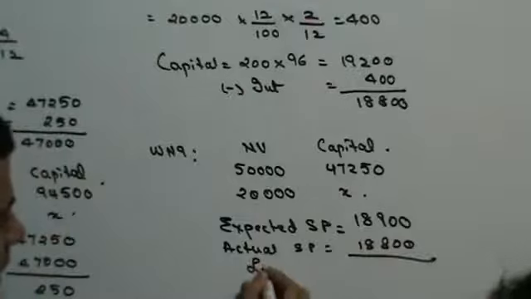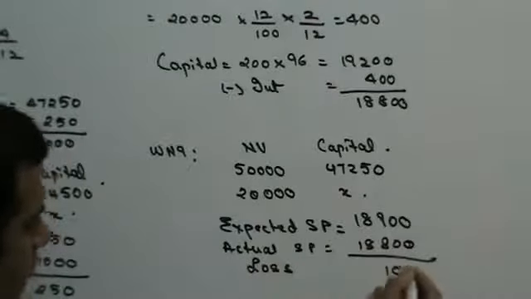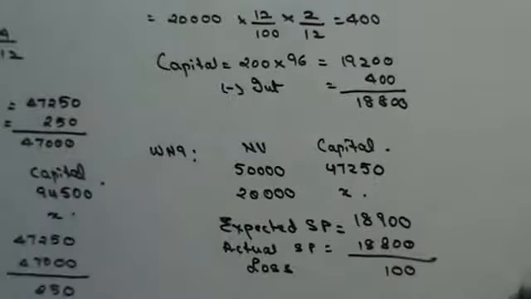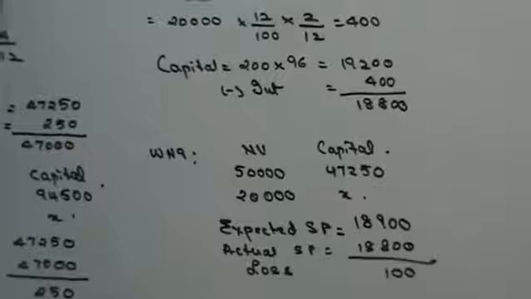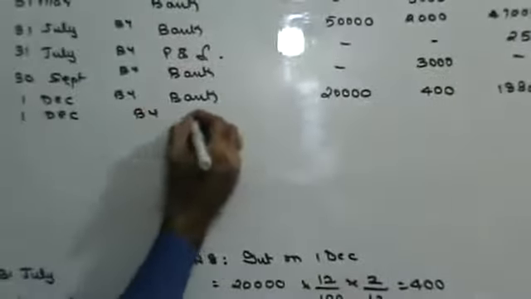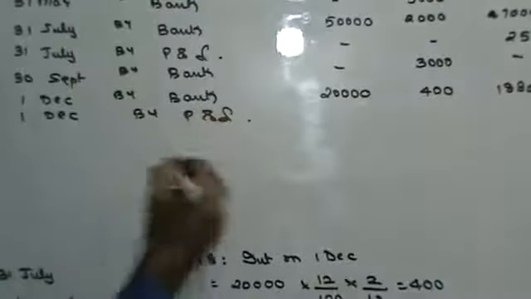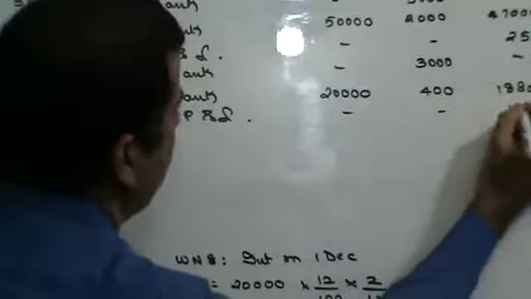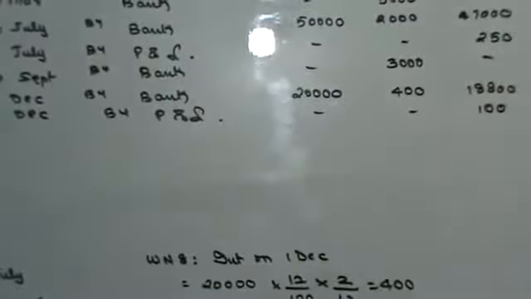So I'm incurring a loss of 100 rupees. Fine. So in that case, you will have 1st December by P&L, you are incurring a loss of 100 rupees. Fine. That's it. And now on 31st March.